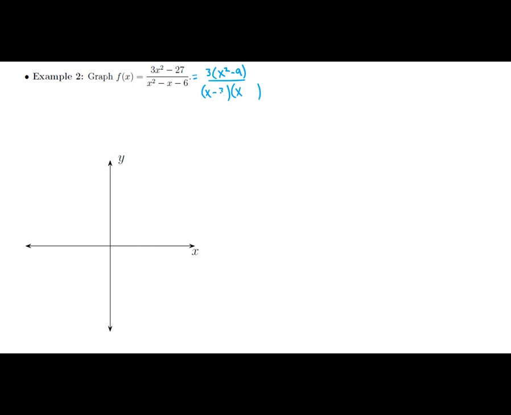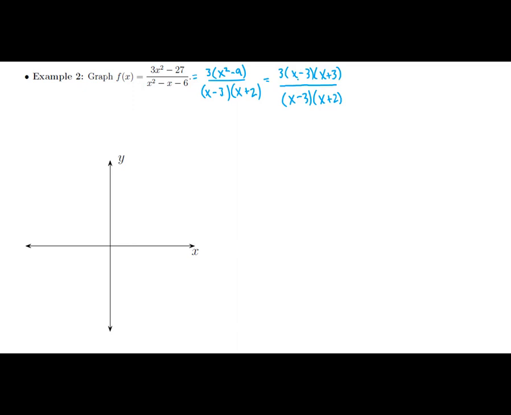I'm thinking minus 3 plus 2. I think that'll do the trick. And then up top here, this is a difference of squares, so that can definitely factor as well. So this will be x minus 3 times x plus 3, and x minus 3 times x plus 2.